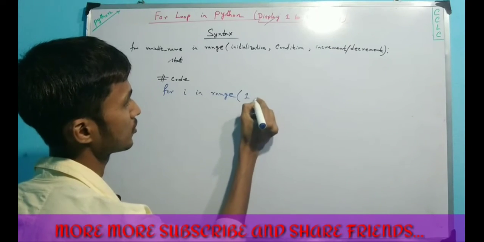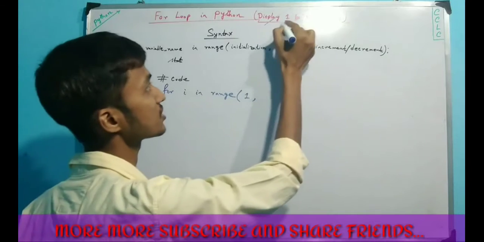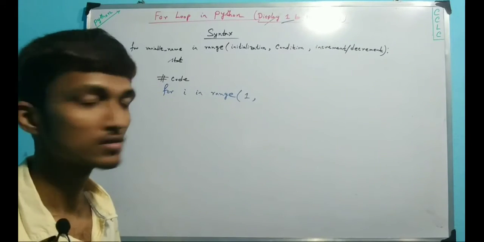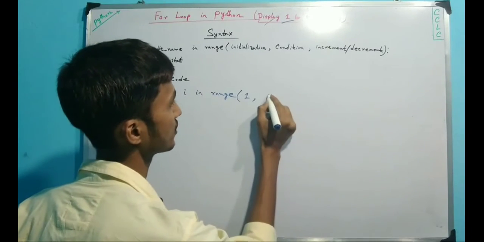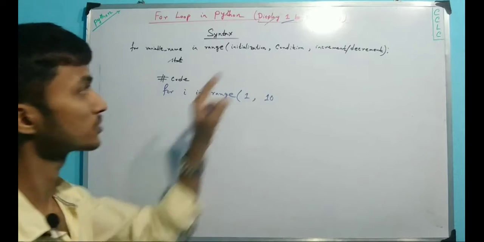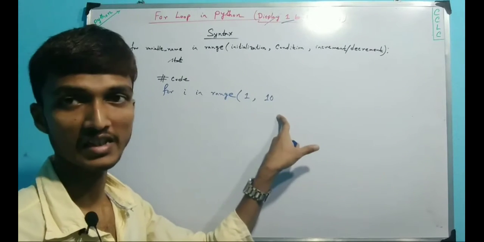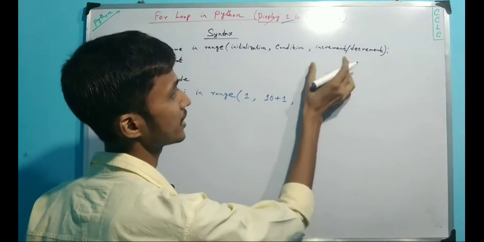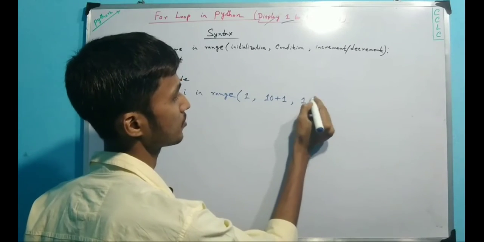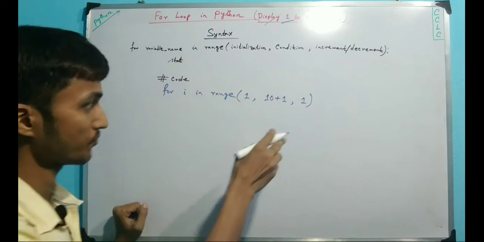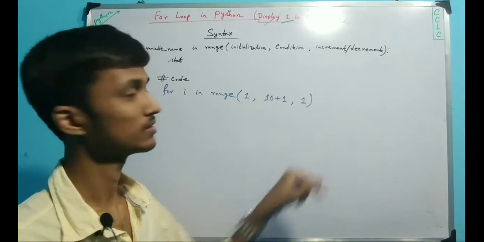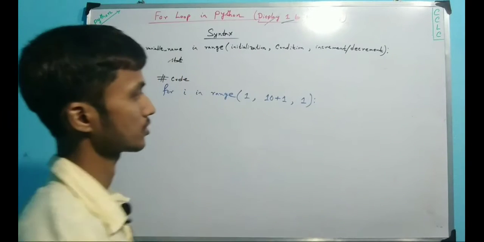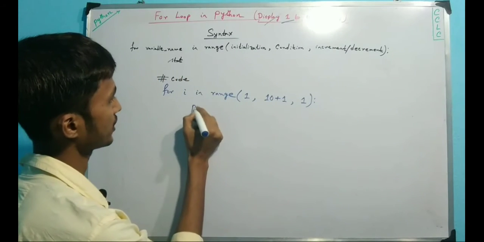So first 1, then condition up to 10, so 10 plus 1, increment or decrement, plus 1. Colon, then print.